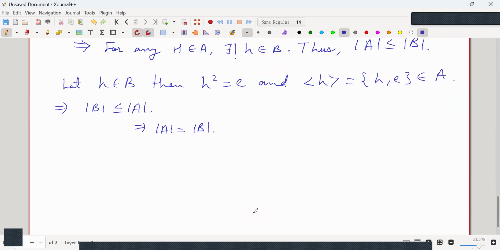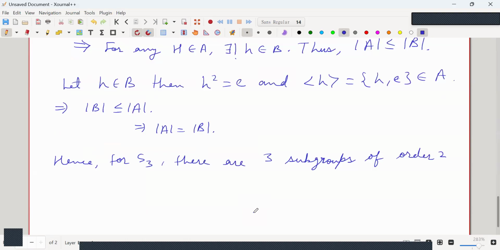Thus, now coming back to our question, we get that hence for S3, there are 3 subgroups of order 2.